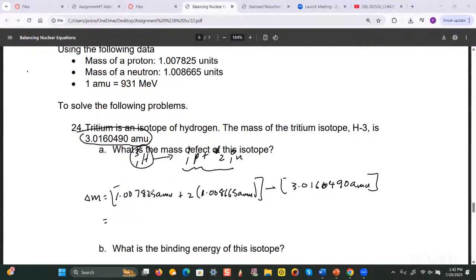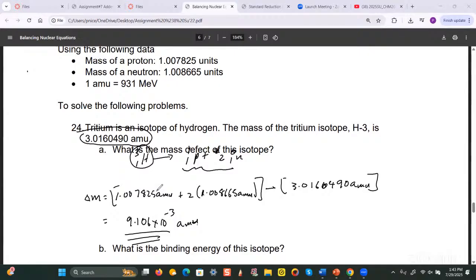And what I got, and please correct me if I'm wrong, is 9.106 times 10 to the minus 3 AMU. So that's what I got when I find the mass defect.